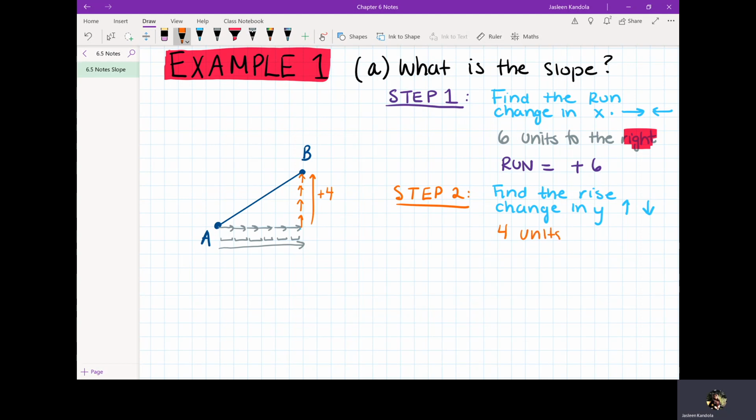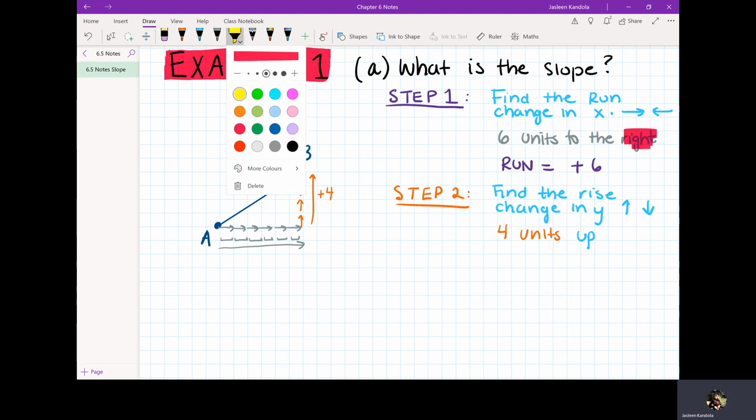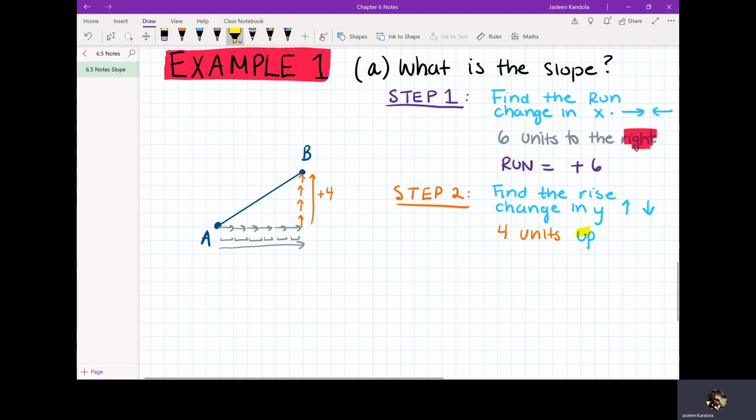Since we went up, that means it's positive. If you went down, that would have been negative.